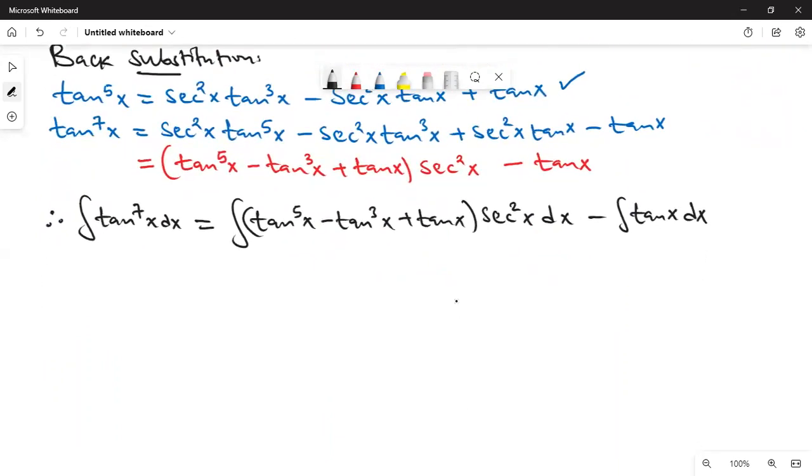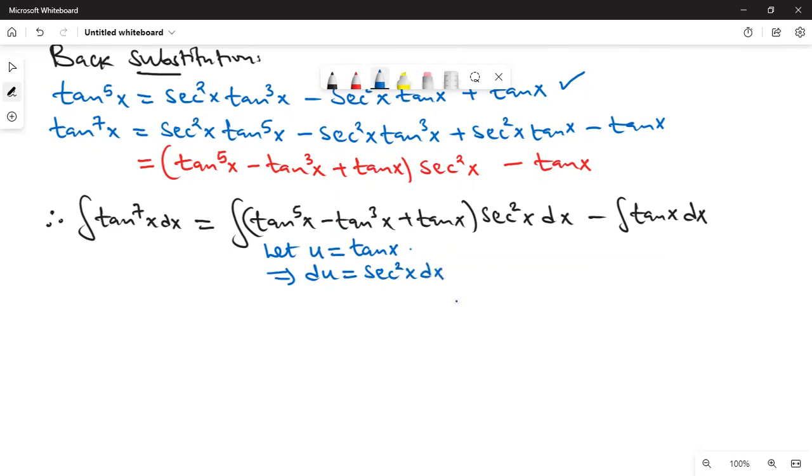We are going to use u substitution. In the first integral, you let u be equal to tan x. So with that substitution, it means that du is the same as sec squared x dx.